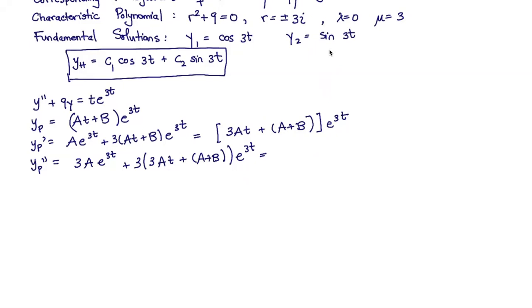Again, taking the strong guidance of simplifying so that we end up with 9at plus 6a plus 3b, all times e to the 3t.